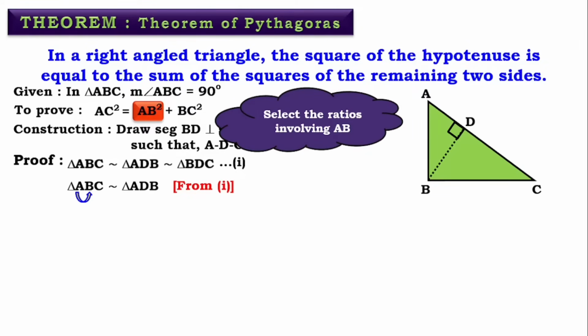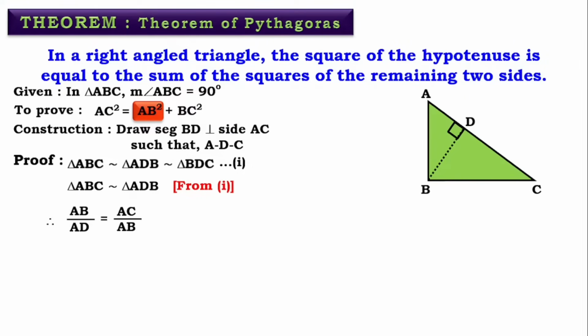So this is AB upon AD is equal to AC upon AB. Now I need to cross multiply. So AB into AB will give me AB square is equal to AC into AD. And that is my equation number 2.